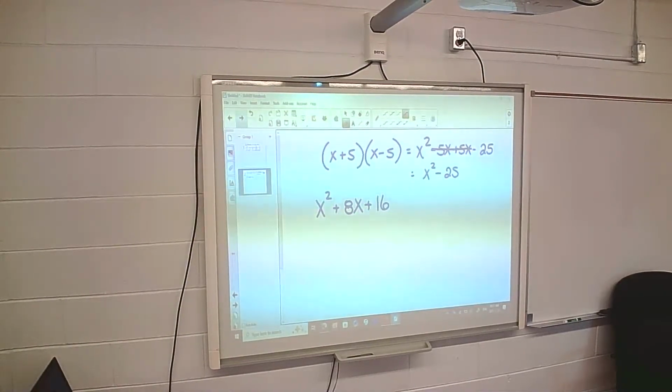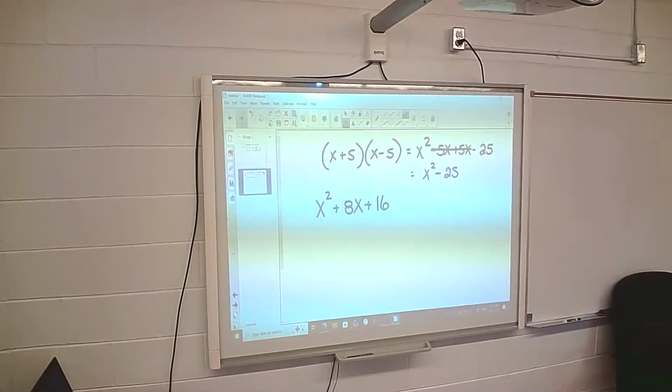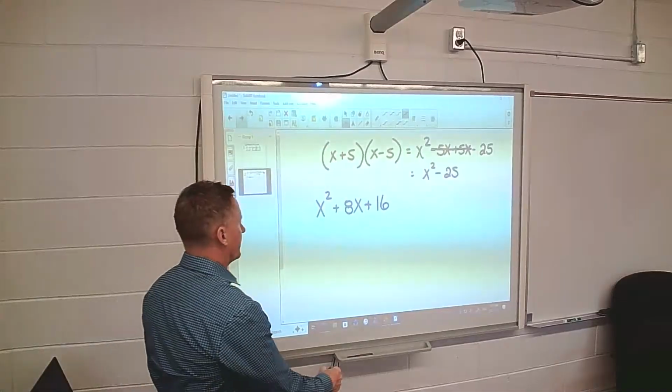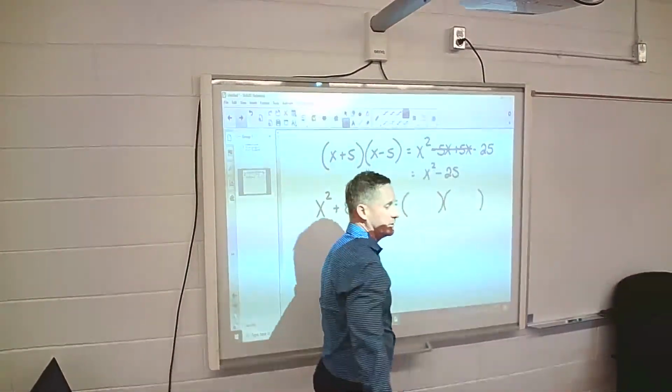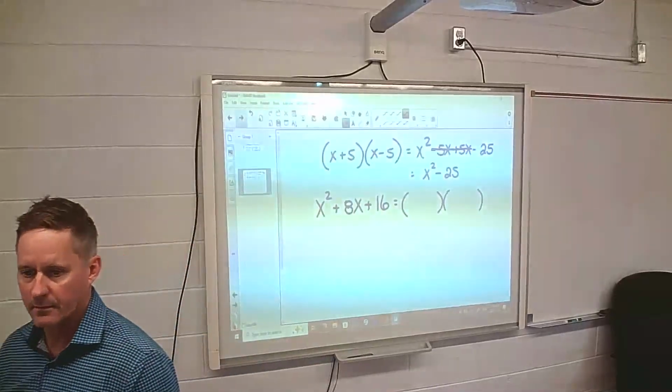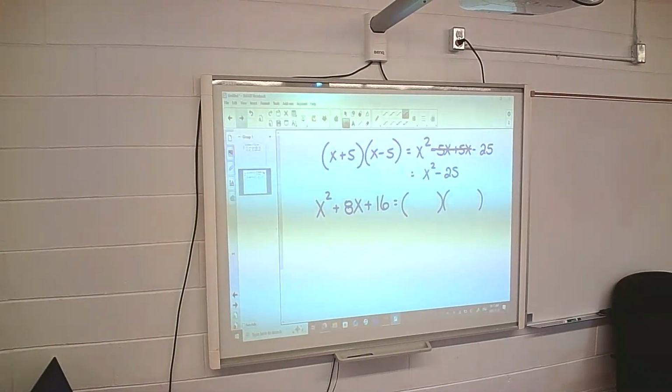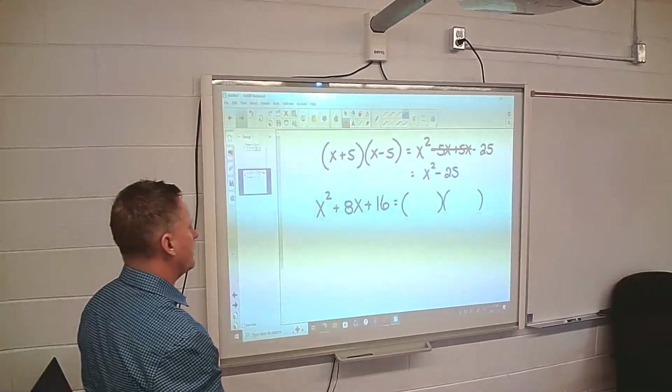Again, how to get there and why it is that. So, first things first. Same. Two sets of brackets. Okay. Factors of x squared.